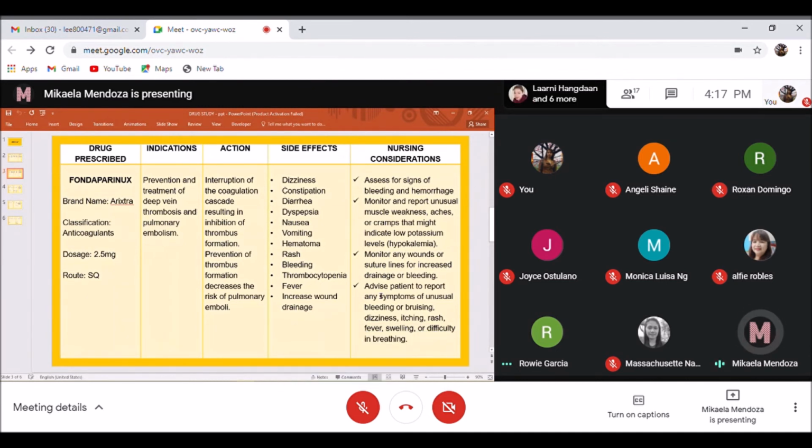The action is interruption of the coagulation cascade, resulting in inhibition of thrombus formation. Prevention of thrombus formation decreases the risk of pulmonary emboli. Side effects are dizziness, constipation, diarrhea, dyspepsia, nausea, vomiting, hematoma, rash, bleeding, thrombocytopenia, fever, and increased bone drainage.